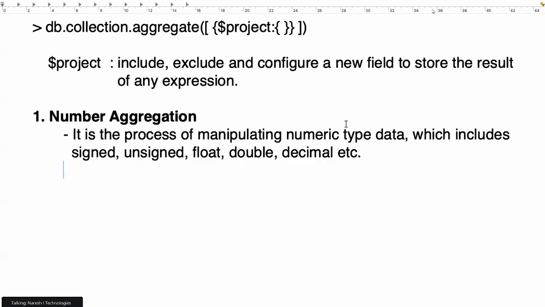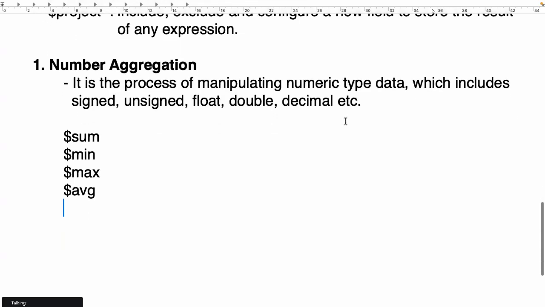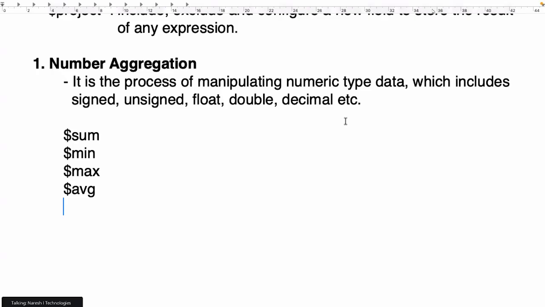So, what are these number aggregation operators available? Generally, we have operators like $sum, $min, $max, $avg. These are aggregate functions. Generally aggregation functions will have count, right?